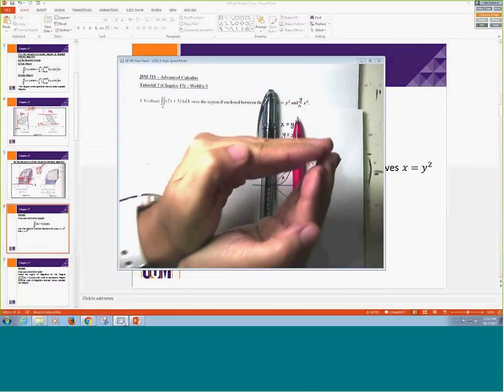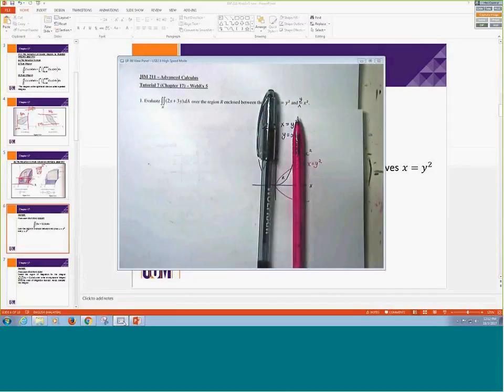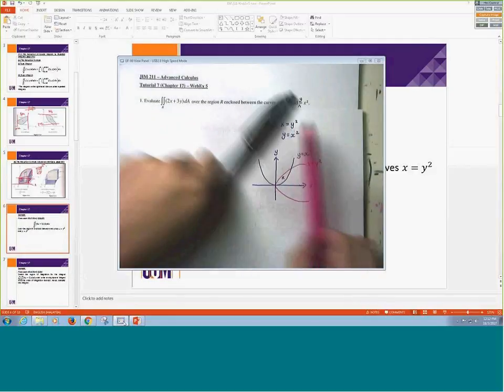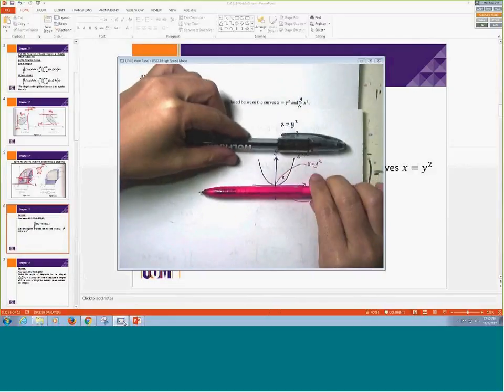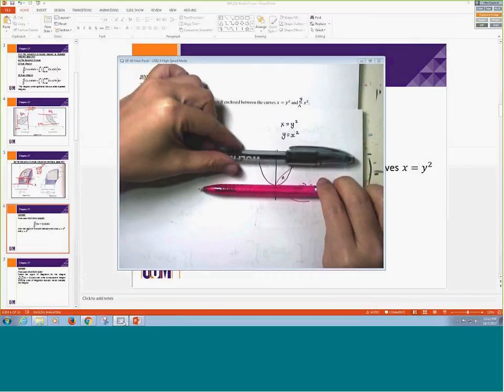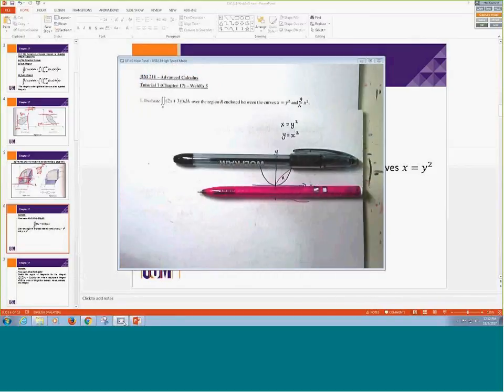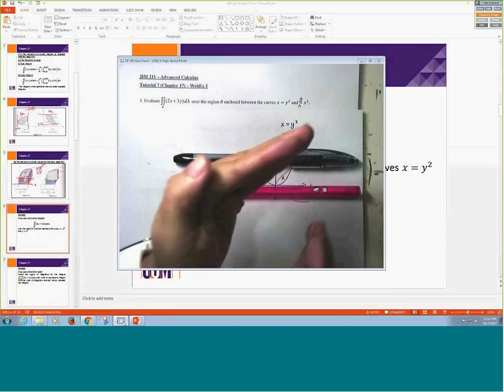So this is type 1. If you choose type 2, dx dy, that means you take y constant, so y must be a horizontal line, from line to line. Now your x is a function here and here.